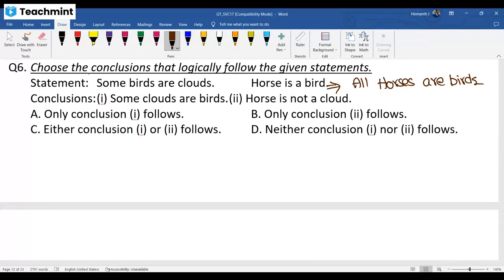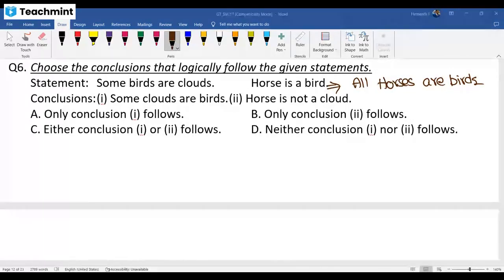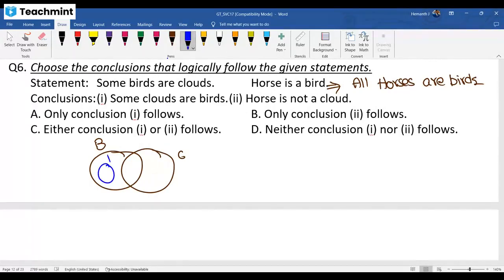Guys, you must and should go with the diagram, not with the rules. You should learn going with the diagram only. It's not either one or two for information. See, some birds are clouds. All horses are birds, so I can put horse here.